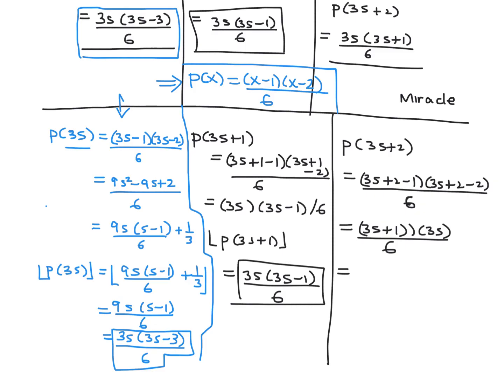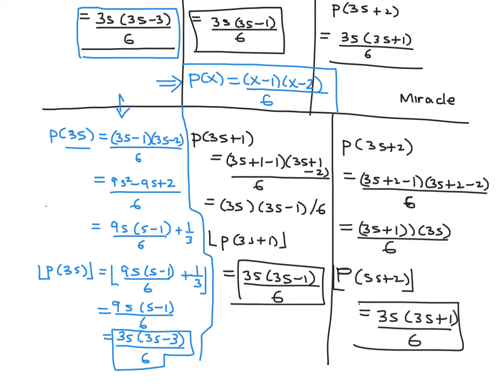I don't think so. So when we take the floor of p of 3s plus 2, we will just get 3s times 3s plus 1 over 6, and this matches this guy up here. So if you can somehow miraculously come up with this polynomial and then show this stuff, you'll be able to prove the question.